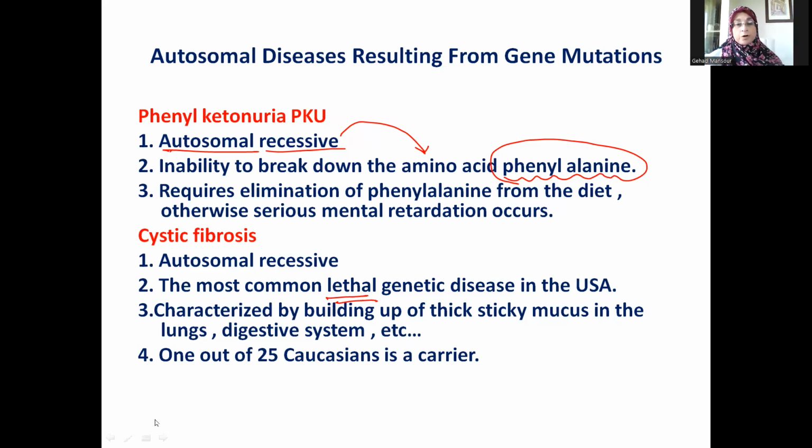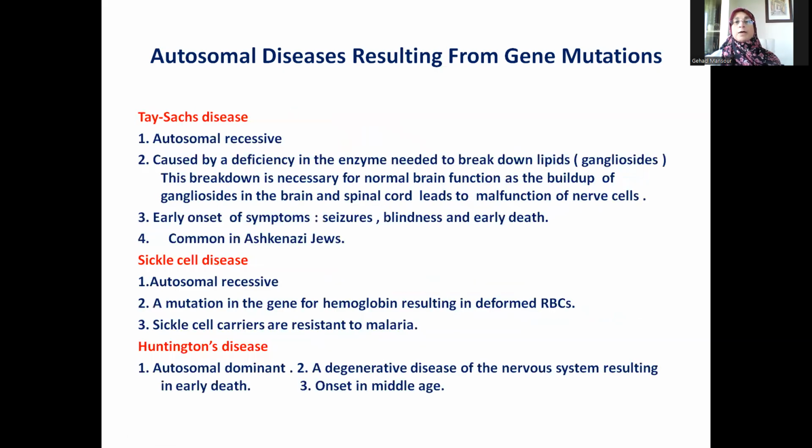And then we move on to show more examples of autosomal diseases resulting from gene mutations. So we have the Tay-Sachs disease, and it is very common in Ashkenazi Jews.